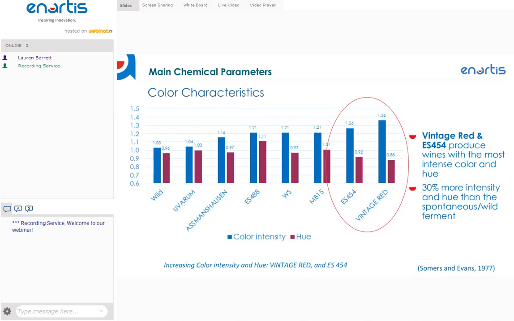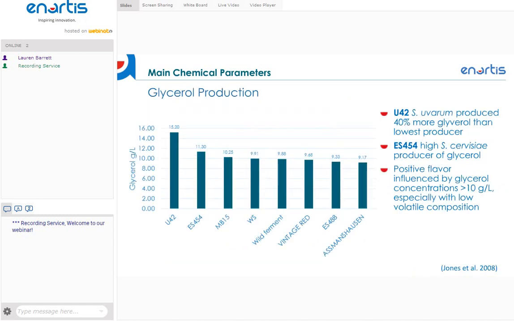Now we're going to be examining some of the glycerol production within our portfolio that we examined in these fermentations. And U42, the Saccharomyces uvarum, produced 40% more glycerol than the lowest producer, which was actually Aspenhausen. And for those people who are looking for more of a cerevisiae strain, ES454 produced 11.3 grams per liter. And glycerol is a very important compound in wine.